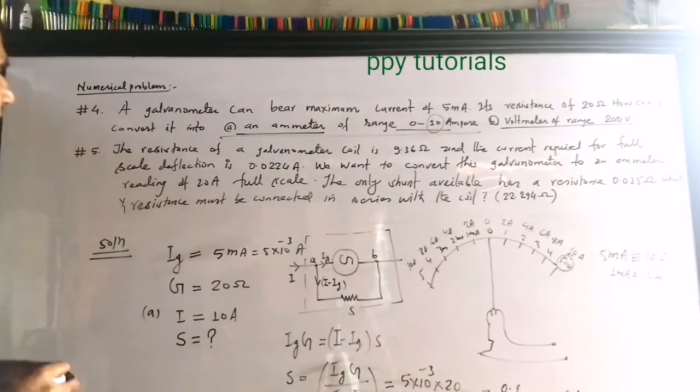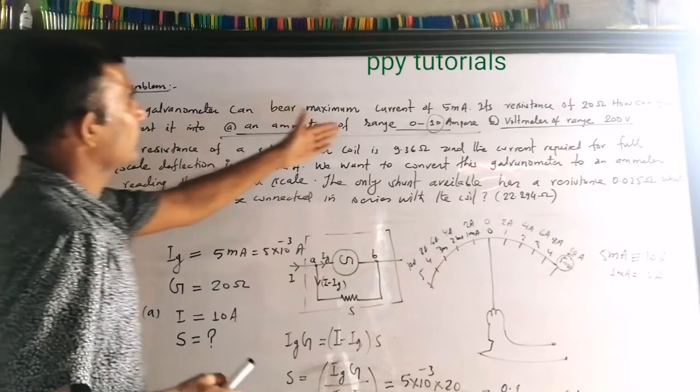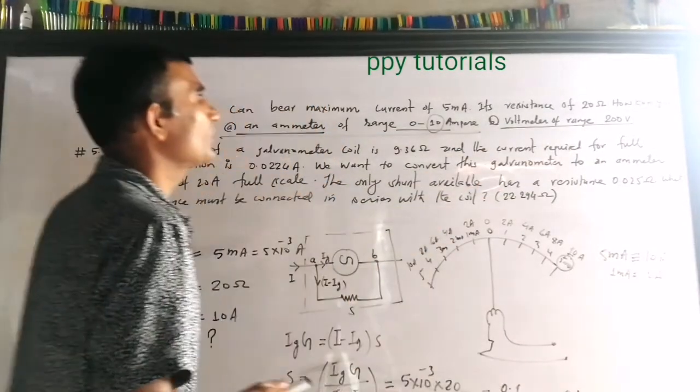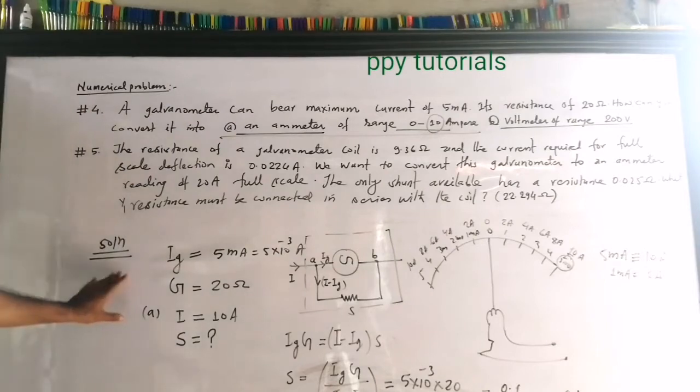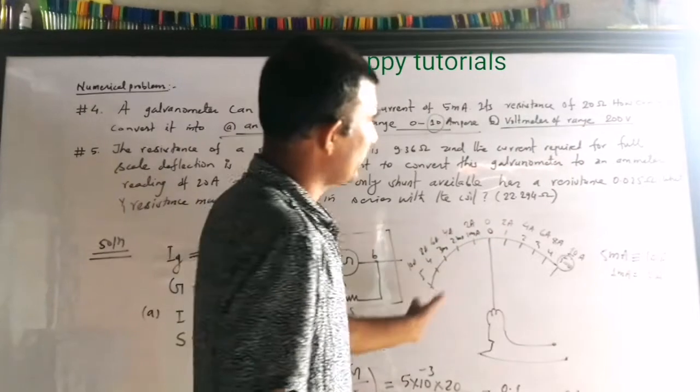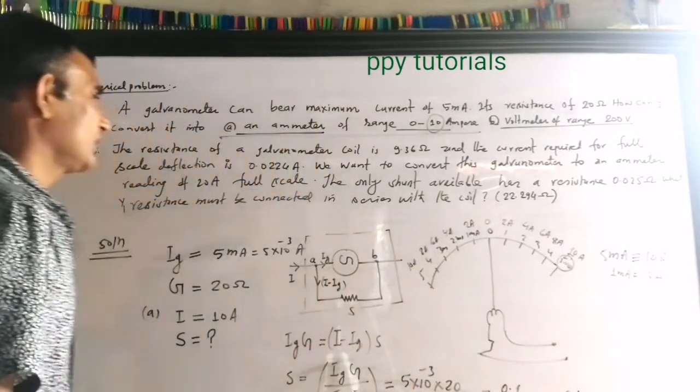And next we have to convert this also into a voltmeter of range 200 volt. So you can pause the video and copy this figure if you want to understand, otherwise no need. Your answer is completely right.